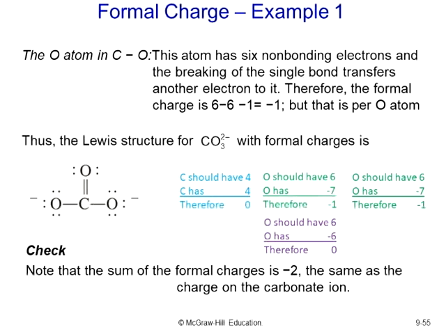So both methods, the simple math, finger and toes math, straightforward math, give us the answer of a minus 2. And our quick count method gives us the answer of a minus 2 as well. So the sum of the charges on the carbonate anion, which is a polyatomic anion, is minus 2.